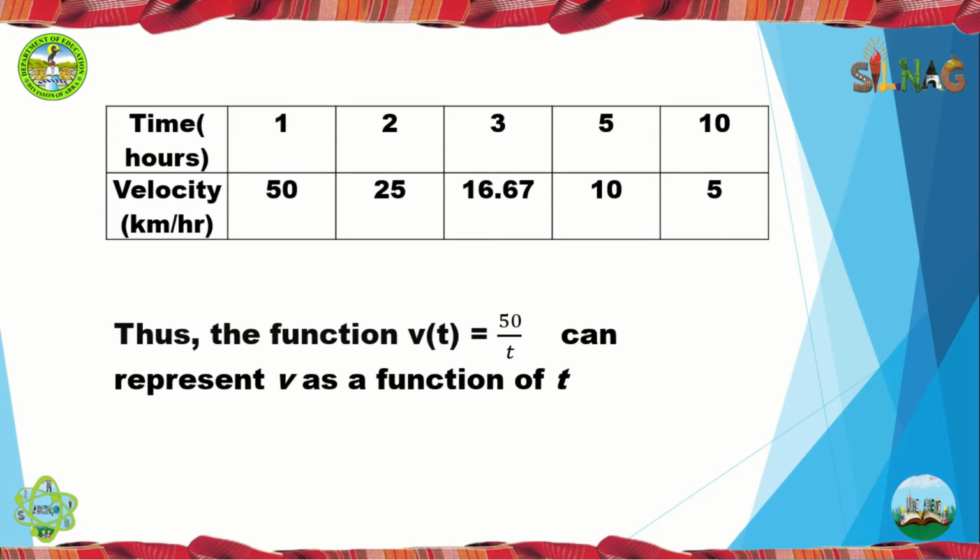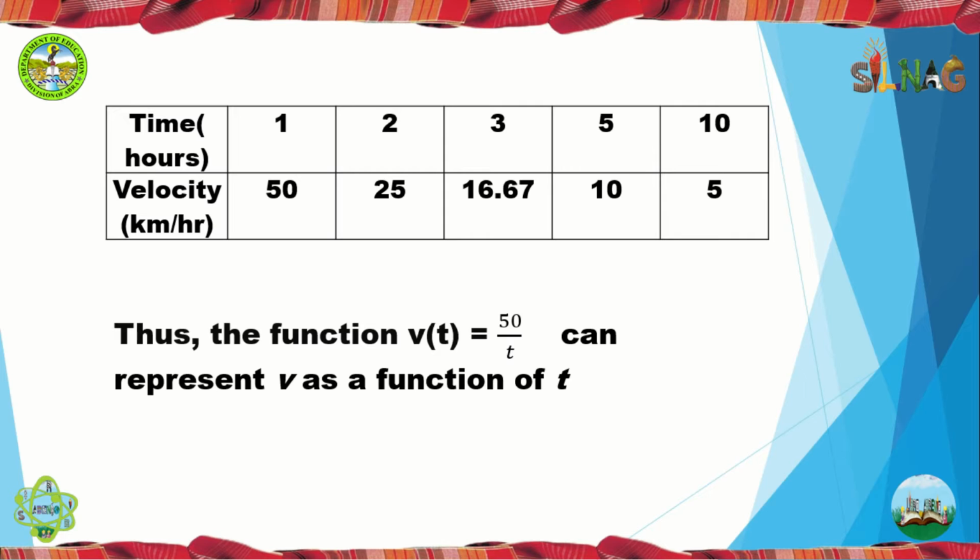So we have the table, time in hours and velocity in kilometers per hour. If the time is 1 hour, then the velocity is 50 kilometers per hour. If the time is 2 hours, the velocity is 25 kilometers per hour.